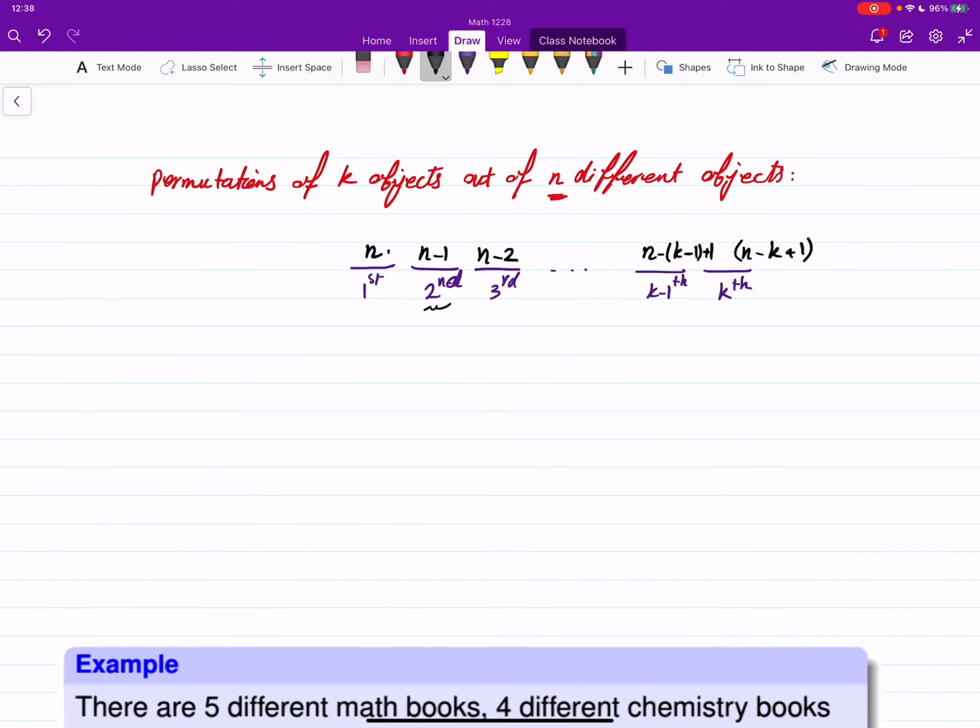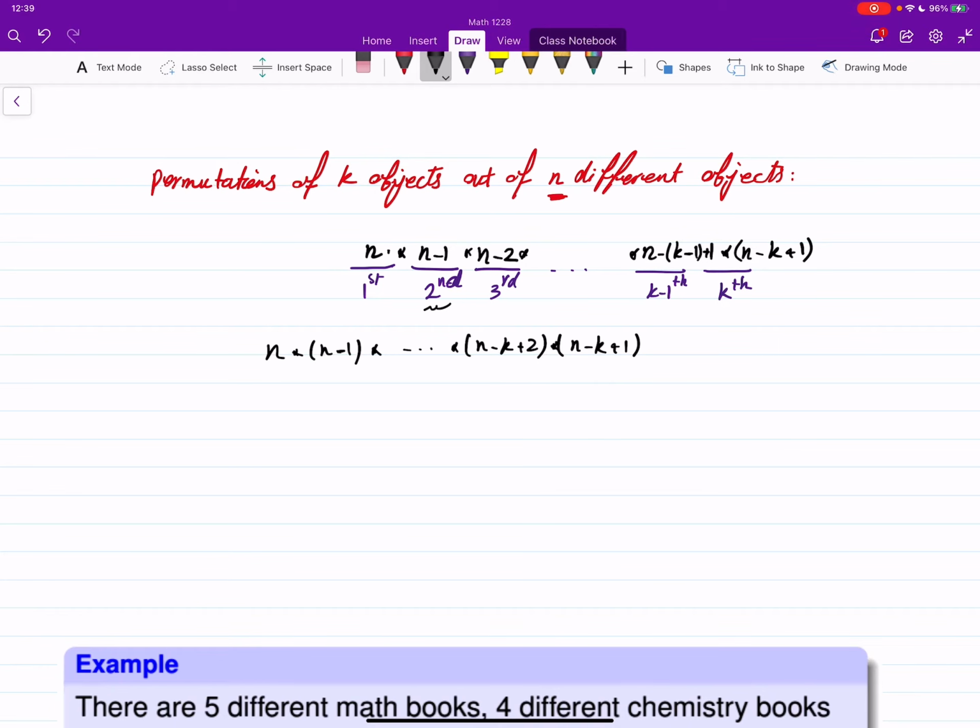So if you multiply these, this is not n factorial anymore. We have n times n minus 1 times, and it will go up to n minus k plus 2, and then n minus k plus 1. We multiply that. That's the number of such permutations of k objects out of n different ones. But I want to write it in a nice way.